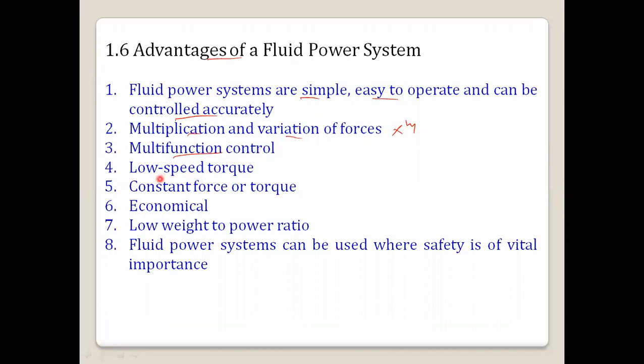Low speed torque, constant force or torque can be generated. It is economical, and a low weight to power ratio is obtained. Fluid power systems can be used where safety is of vital importance.